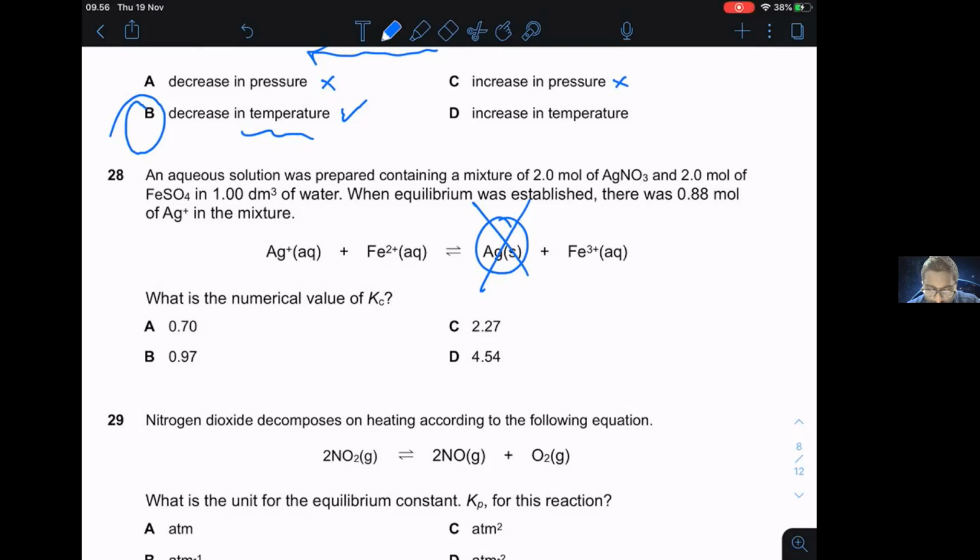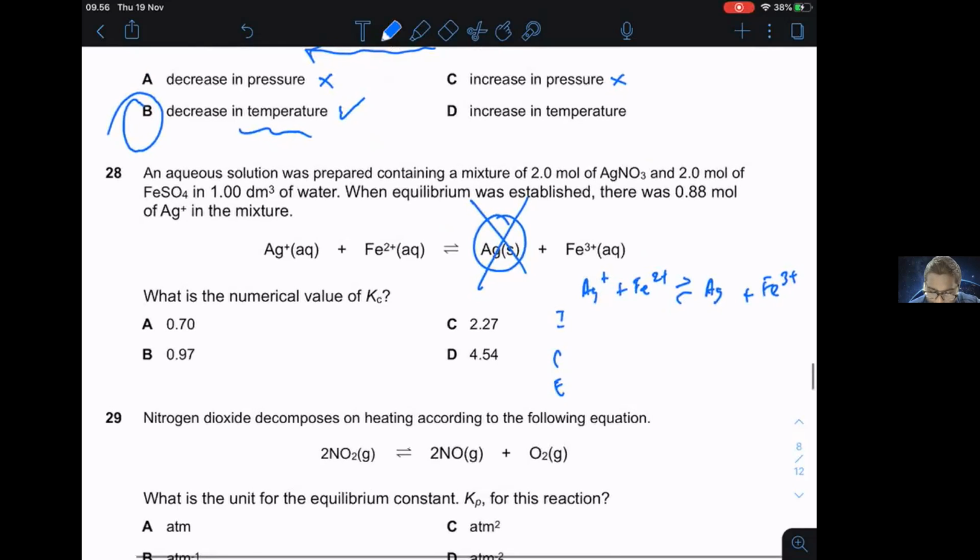We can use the ICE method for Ag plus, Fe2 plus, Ag solid plus Fe3 plus. Initially you have 2 moles of Ag plus and 2 moles of Fe2 plus, and nothing for the products. When equilibrium is established, 0.88 is there.